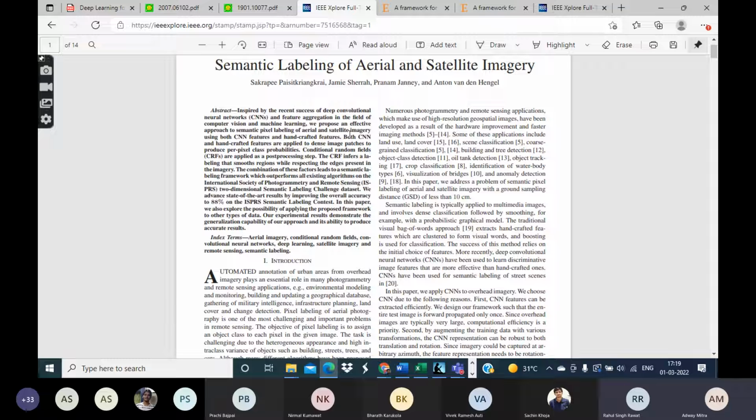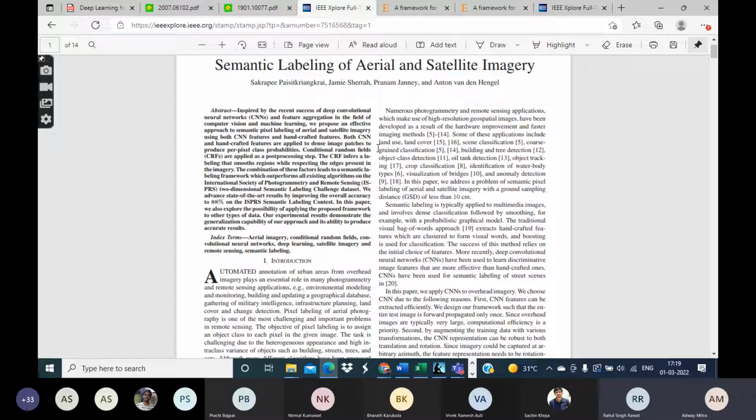So they are claiming that they will be using the CNN features as well as the handcrafted features. Both CNN and handcrafted features are applied to dense image patches to produce per pixel class probabilities. That is, for every pixel, they will be attaching a probability of belonging to the different classes.